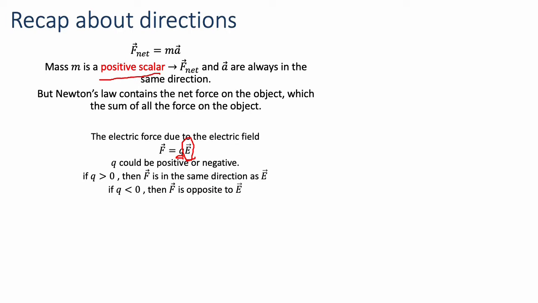So here I have to emphasize this point: F is a vector, E is a vector. I'm telling you that at this point in the world there is an electric field. What does that mean? It means there is a kind of vector applied at that point, which has a direction and a magnitude.